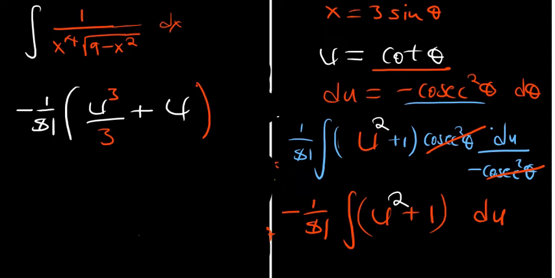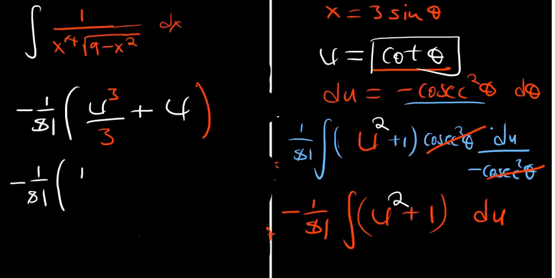And then we've integrated this with respect to our u, right? So if we take back now our u, we know that our u is equal to cotangent of theta. So we're going to have negative 1 over 81, and then we have a coefficient of 1 over 3, since we divide by 3.